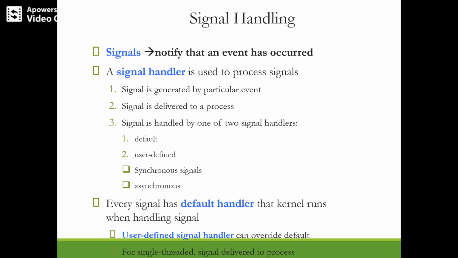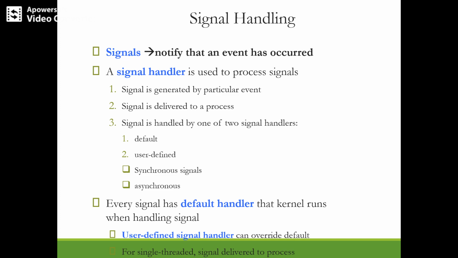First of all, we have three ways of doing the same thing. A signal will be generated by a particular event, and when it is generated, it is delivered to a process, and the signal will be handled by one of two signal handlers, either the default or the user defined. At a specific event the signal is generated and sent to a process, and there is a signal handler to handle this delivered signal.